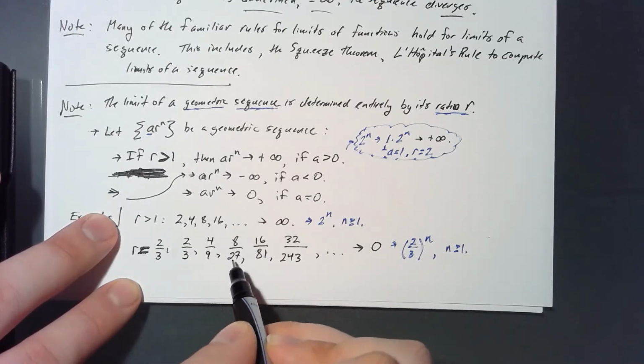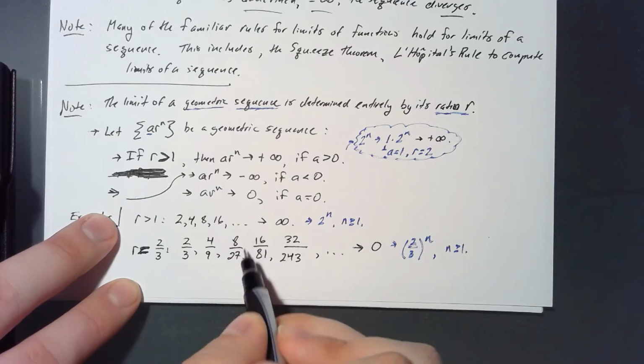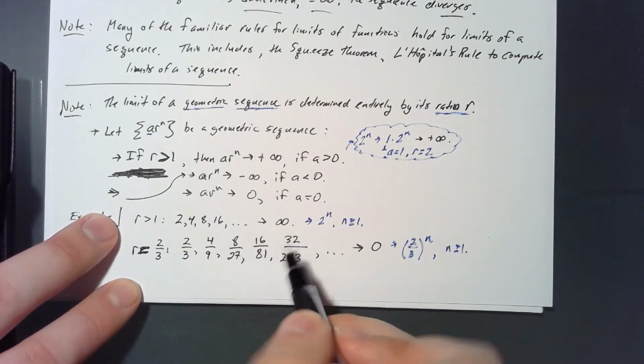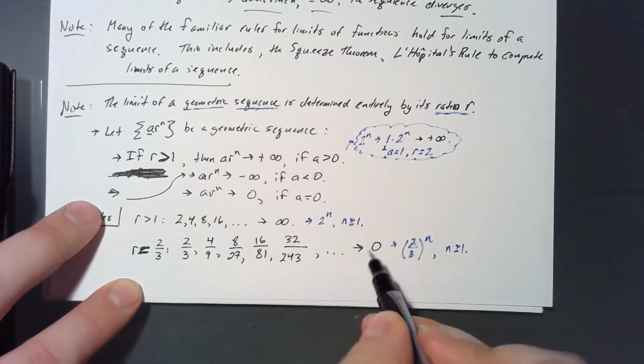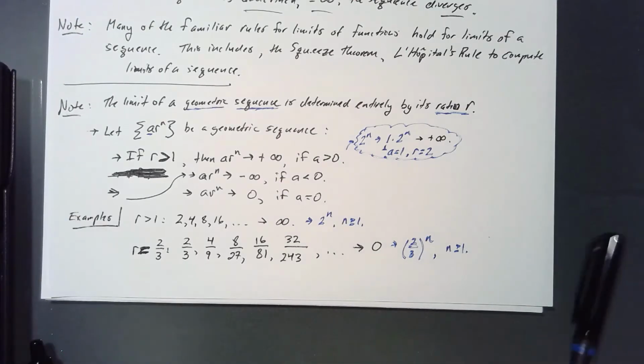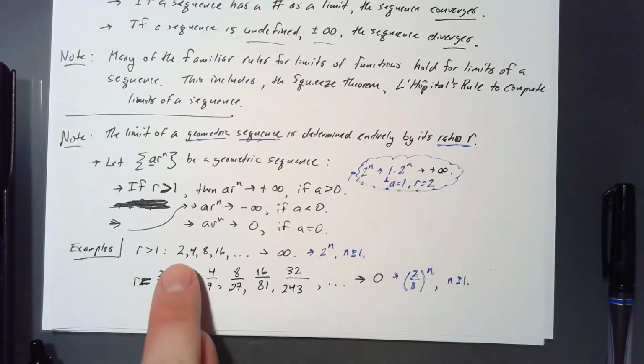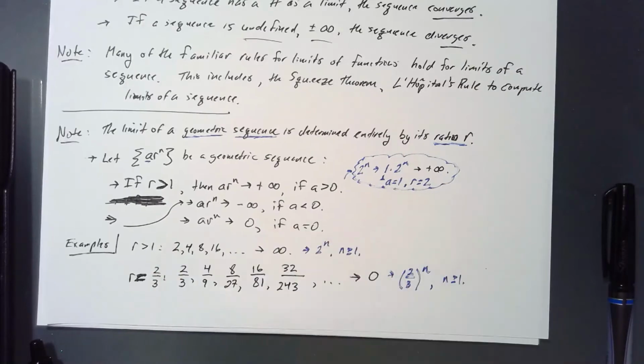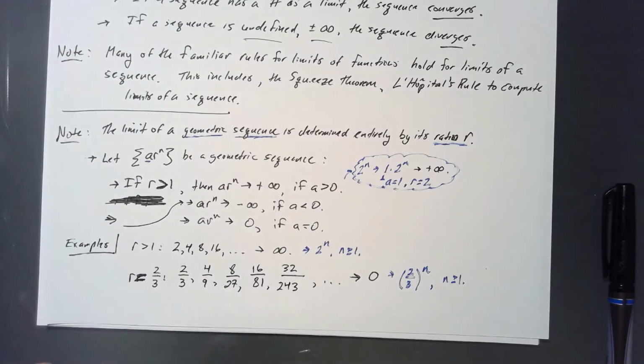What's 3 to the third? 27, and so on. This is 2/3 to the 4th, 2/3 to the 5th, and so on. So this is trending towards 0. All right. And these are geometric sequences, and you'll see what I mean when we start talking about series in the next section. But all right, so let's go on to the next page here.